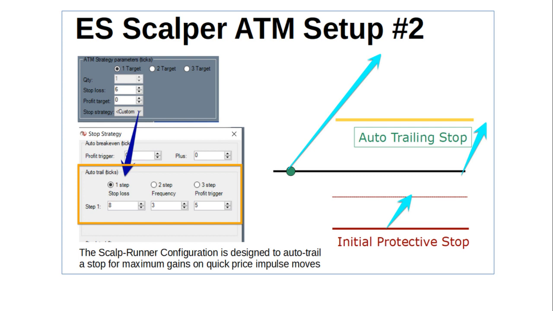So with this ATM setup number two, again, this is a one shot deal. I've got one contract here, but this can be scaled up. You can keep the same configuration, trading two contracts, three contracts, five contracts. You're fixing your stop, but you're letting the profit target be open-ended.